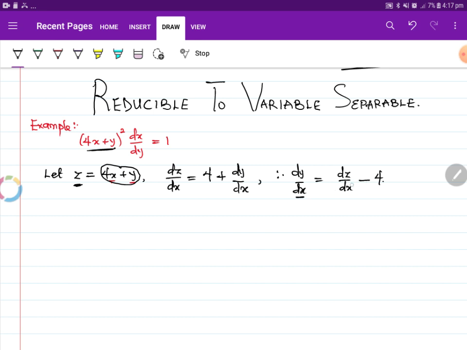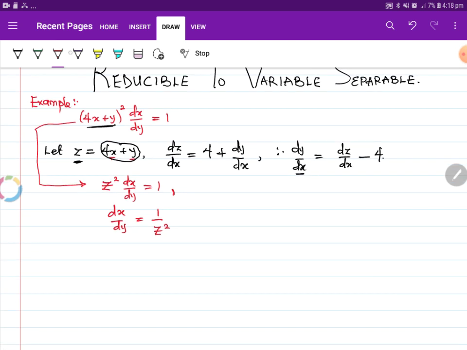Okay, so let's go back to our question. Now from the question, we have this to be z, that's z squared dx dy is equal to 1. Now, dx dy is the same thing as 1 over z squared.